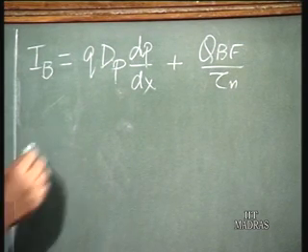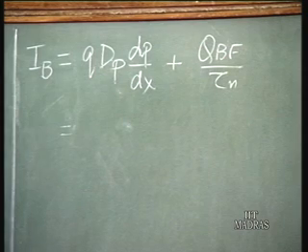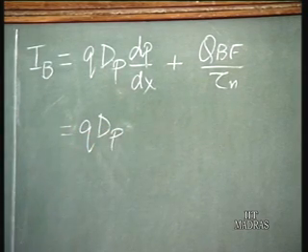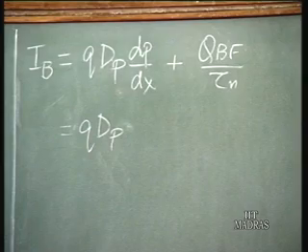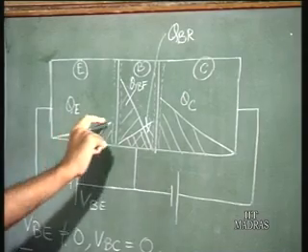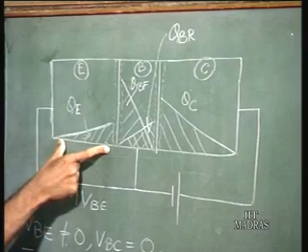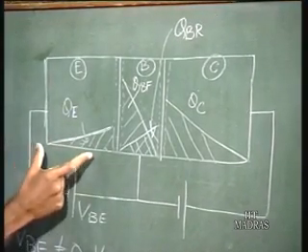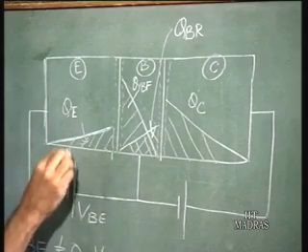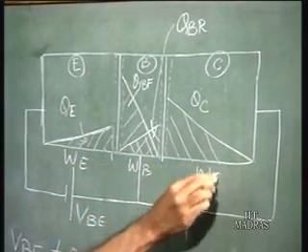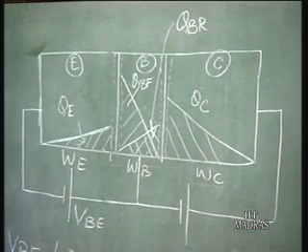So, again if you put this Q dP dx, what is that? It is this charge, the slope of this line, this charge divided by the emitter width, which let us call WE. So, this is WE, this is WB, let us say this is WC.